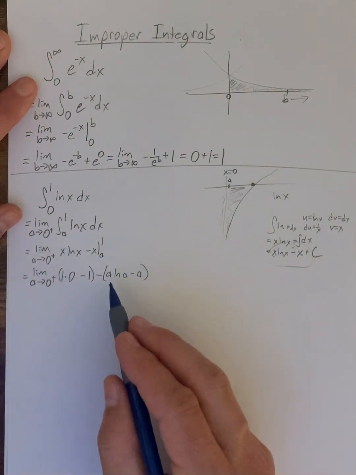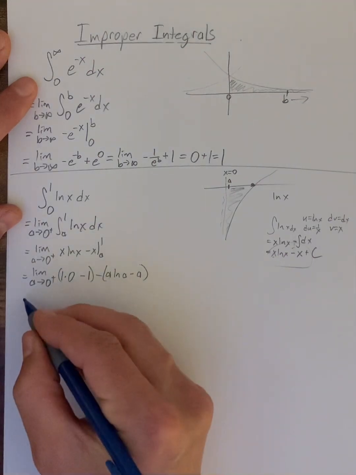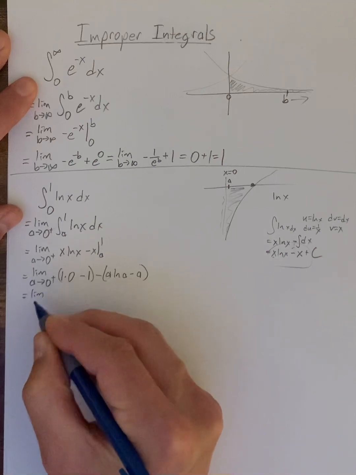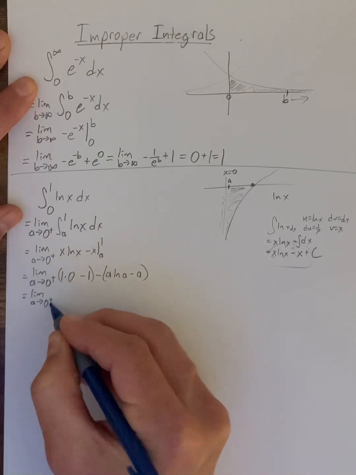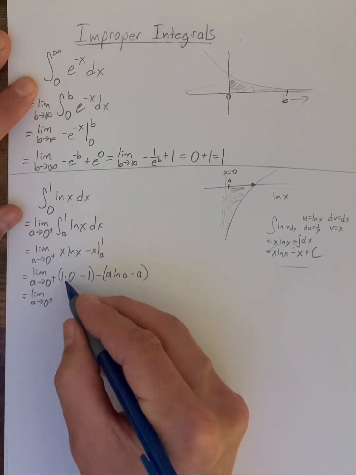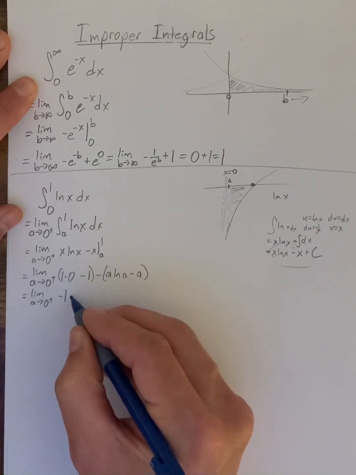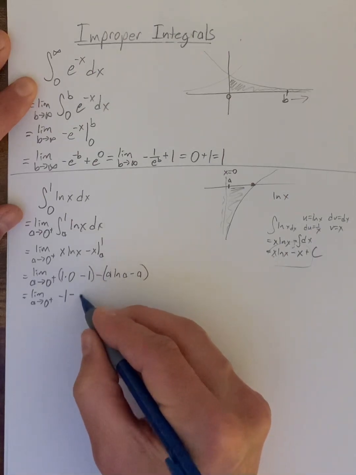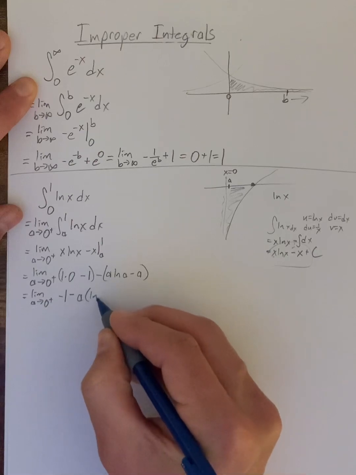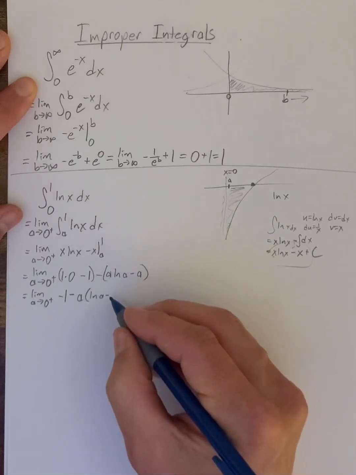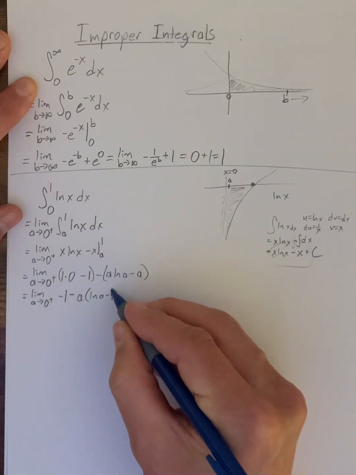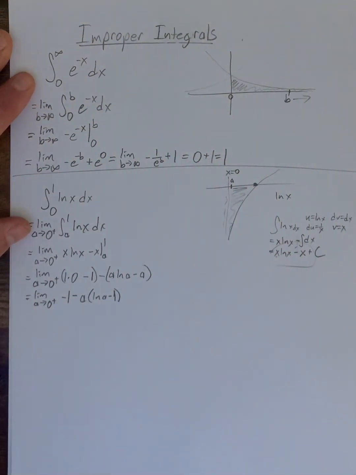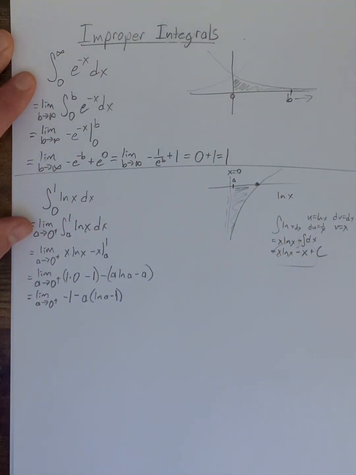I guess you could factor out an a if you wanted to. So we have the limit as a goes to 0 from the positive side of minus 1 minus a times natural log of a, minus 1, that minus 1 being on the outside. So what happens there?